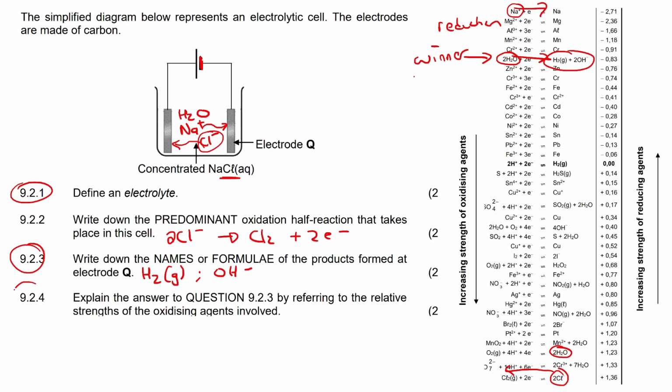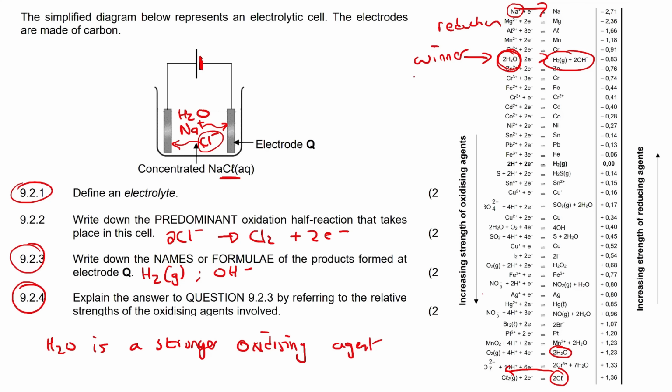Then it says explain the answer to question 9.2.3 by referring to the relative strengths of the oxidizing agents involved. So we can just see here that H2O is a stronger oxidizing agent.